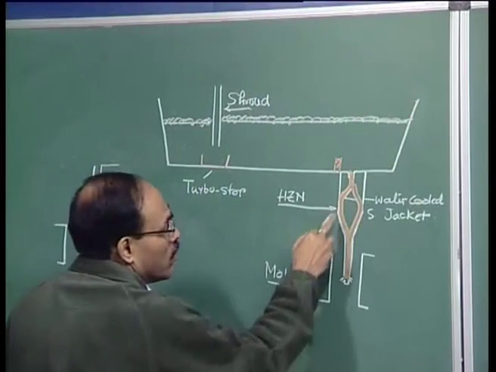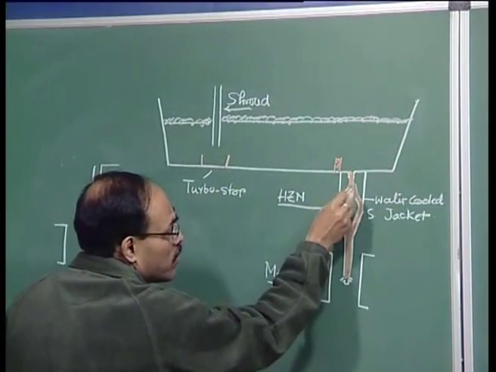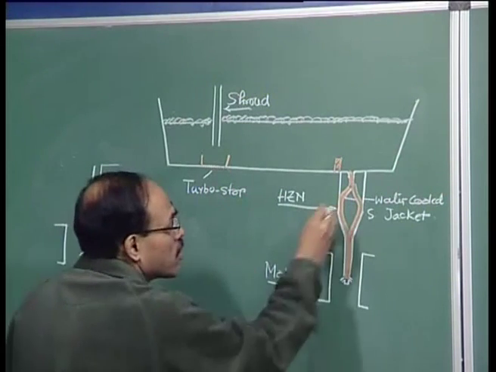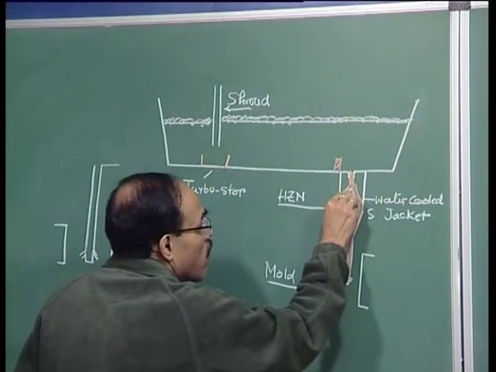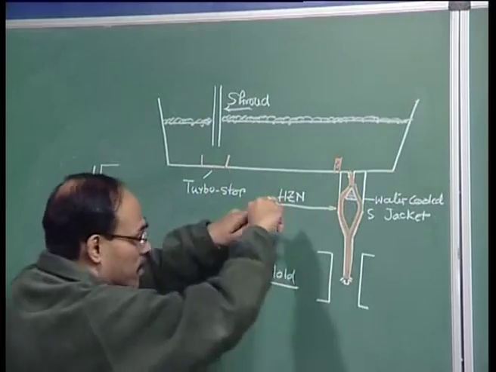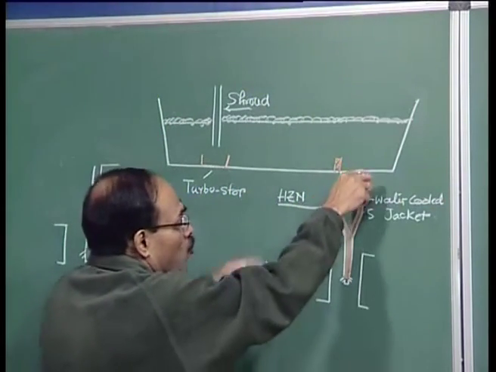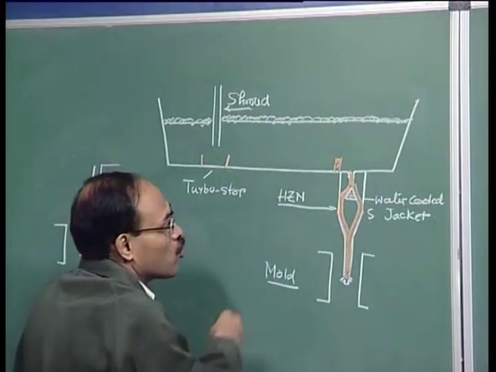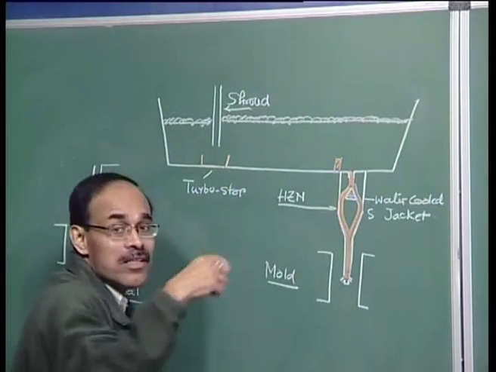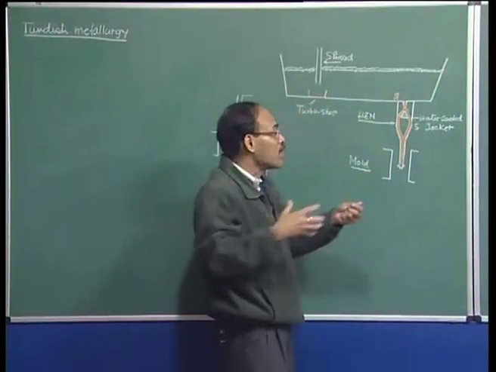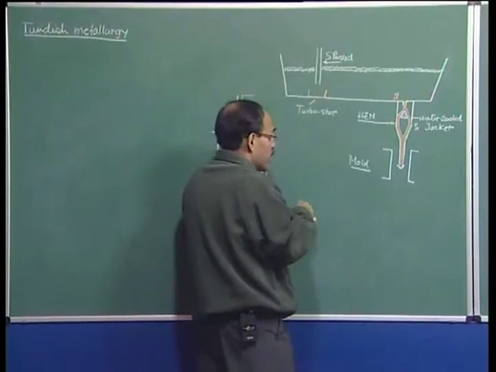and as the molten steel comes here, it impinges on this baffle and it flows like an umbrella around the wall or the periphery of this Hollowjet nozzle. Because the Hollowjet nozzle is water cooled, there is circulating water, so a lot of heat gets removed.